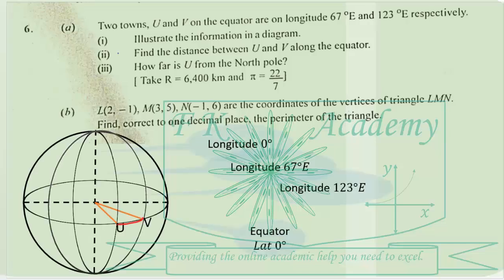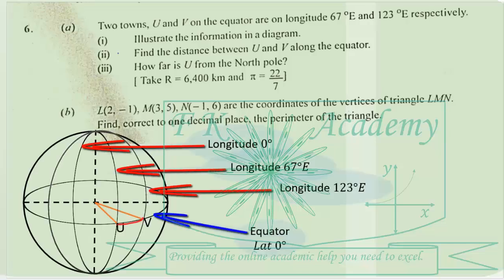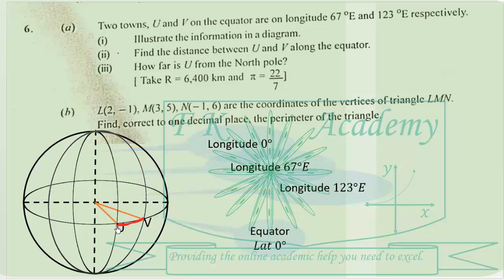So let's begin. So this is how we can illustrate it in a diagram. We have to find the distance between U and V, and that distance we see is an arc. So the length of an arc formula is what we are going to use here.